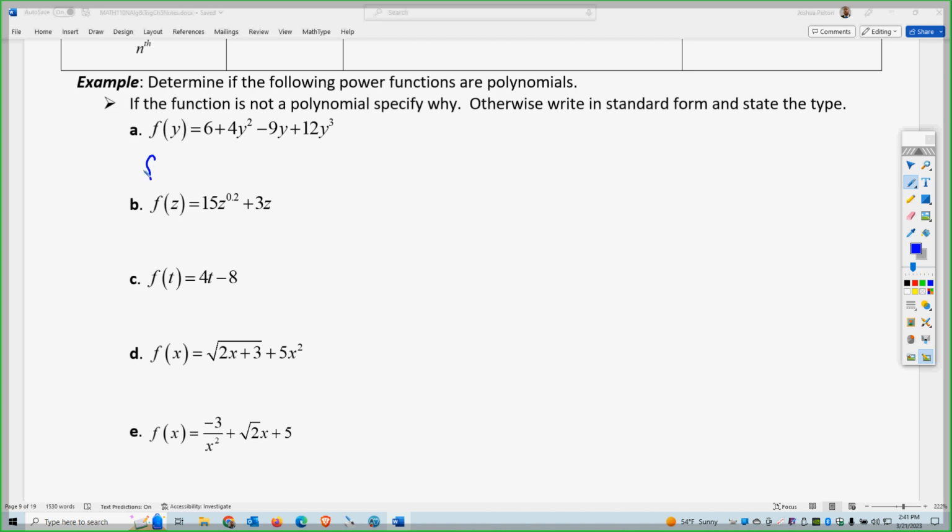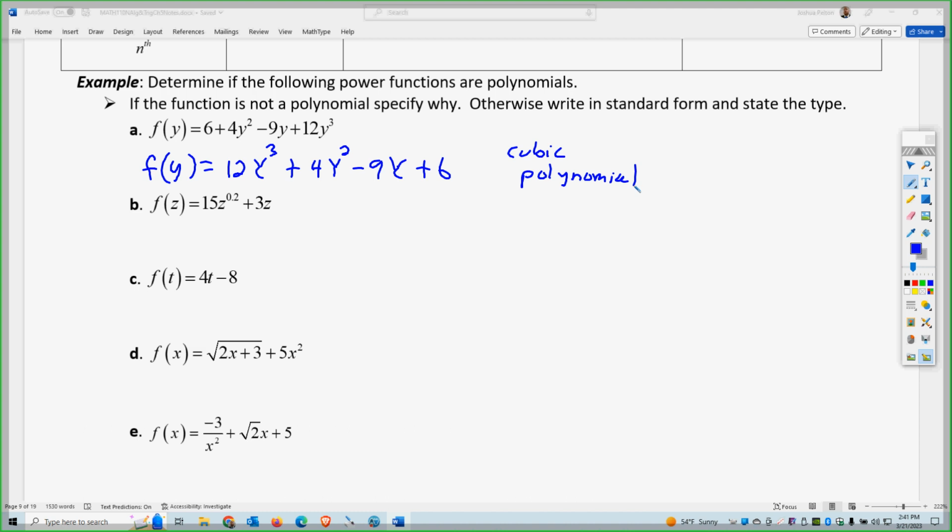This would be f of y equals 12y to the third plus 4y squared minus 9y plus 6. I should probably be consistent with my y's. So I put them in descending order. This is a cubic polynomial, right? They're all nice whole number exponents, and it's a power function.